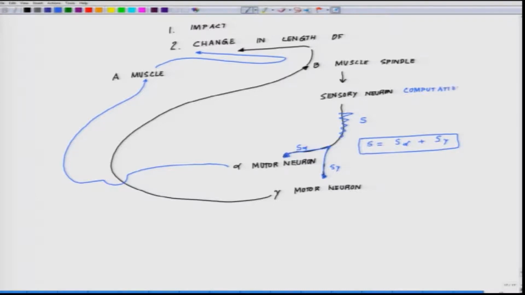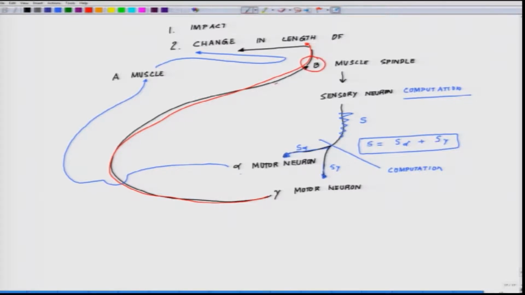First level of computation. Those who are interested in neural computation, computational neuroscience, can really look into these problems. The second level of computation is here. Now, the electrical signal which is coded out here, which is traveling along the gamma, exactly knows how much length change has happened in the muscle spindle.